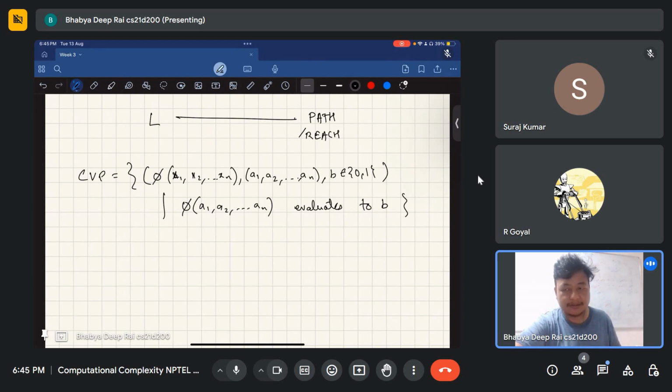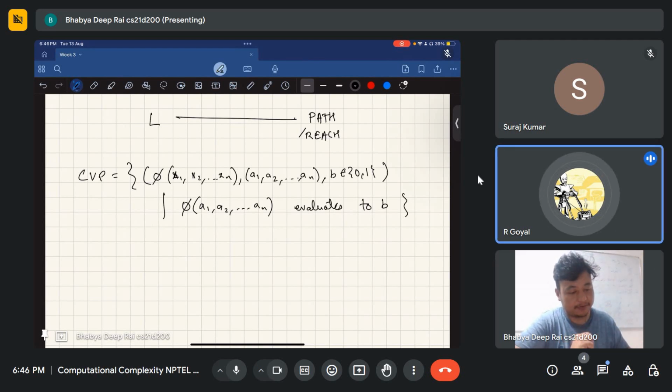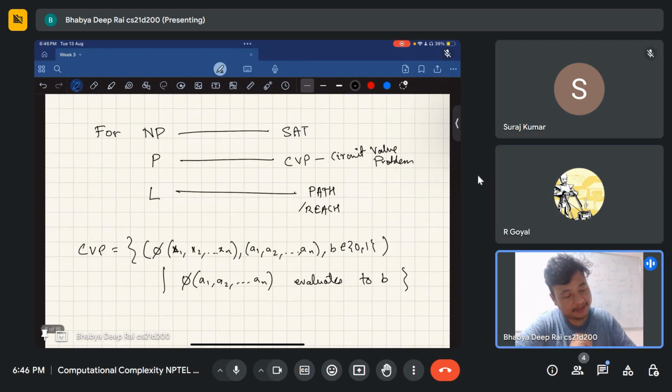In other words, the circuit value problem simply asks, given a circuit and an assignment, does it evaluate to 1 or not? So these representative problems are what are called canonically complete problems for the class.